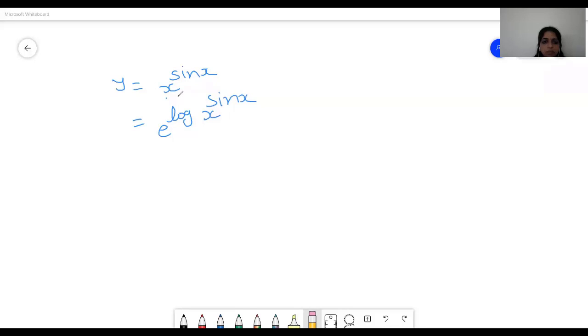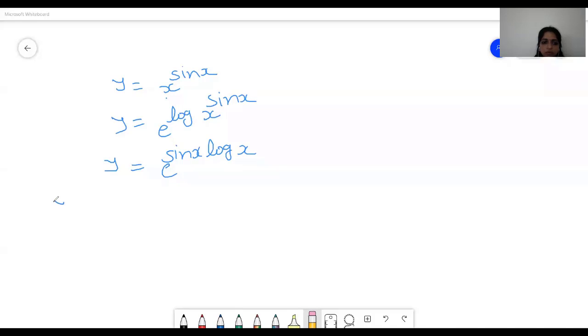Please remember, when our base is in the form of x, and power is also in the form of x, at that time we keep our example in the form of e raised to log x raised to sin x. Both are same, and by applying the logarithm rule, we write this power in front of the log, so e raised to sin x log x. All are just y only, all are same.